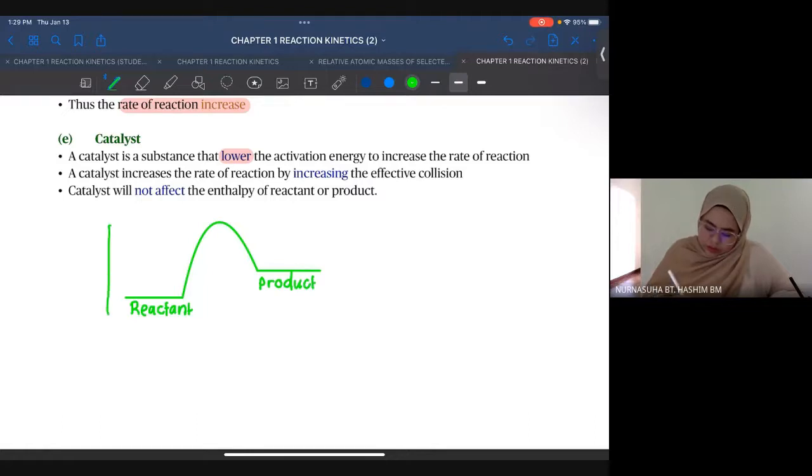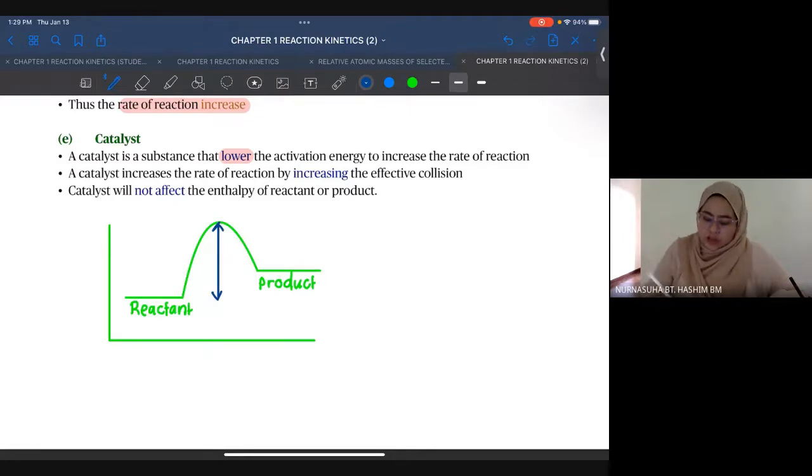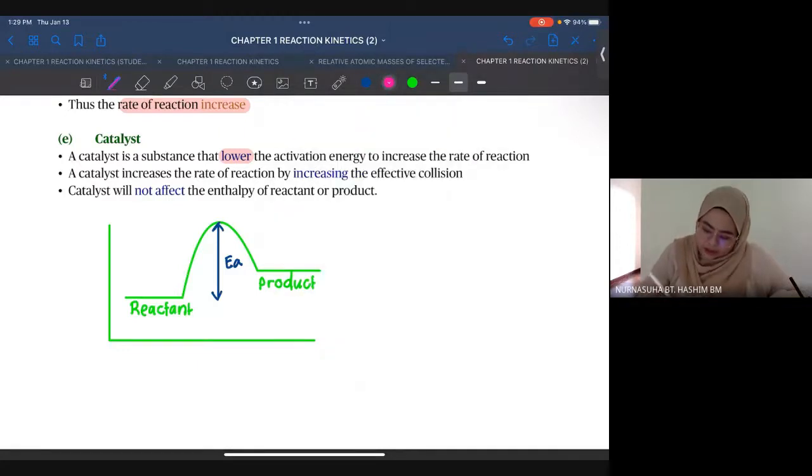So here, the activation energy is from energy of reactant to the maximum potential energy, iaitu transition state. So this is A. So apa yang catalyst buat adalah dia akan rendahkan bukit ini.